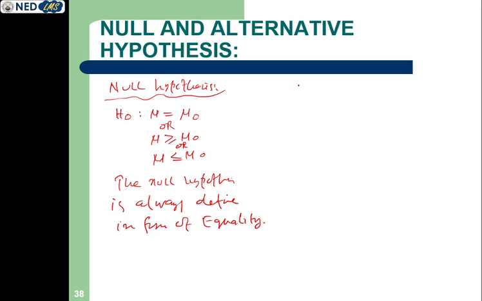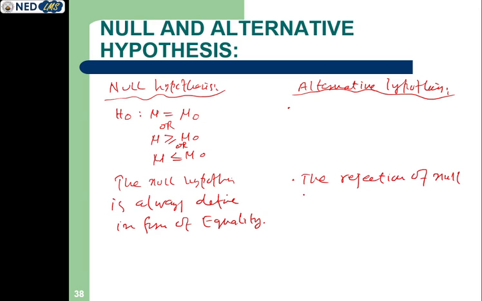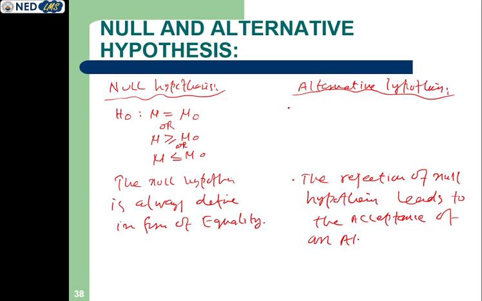Now, alternative hypothesis. What is alternative hypothesis? See this definition, student. The rejection of the null hypothesis leads to the acceptance of an alternative hypothesis.